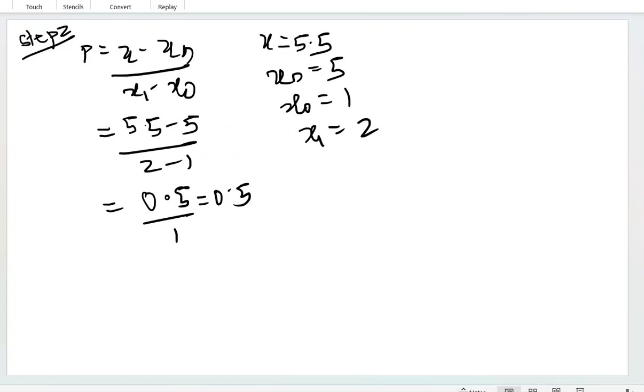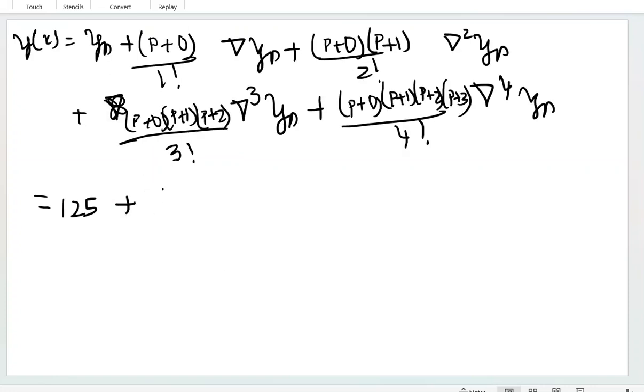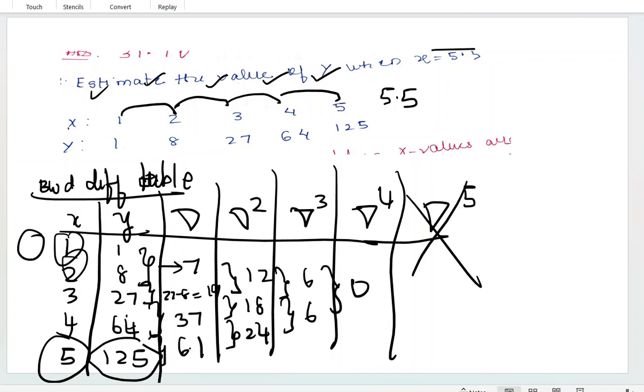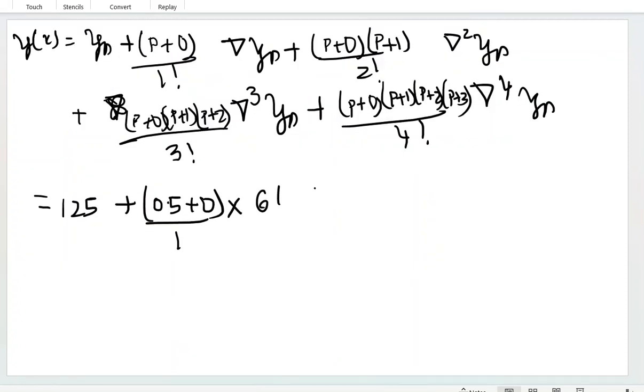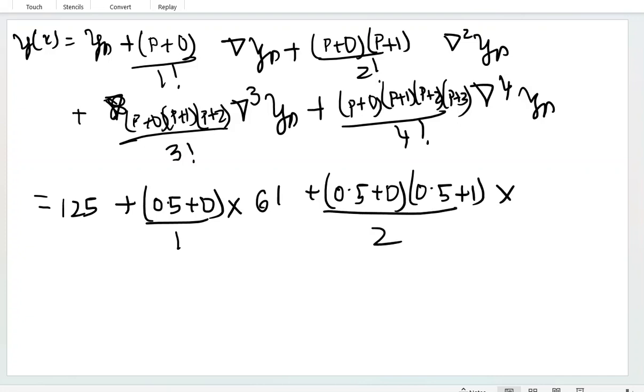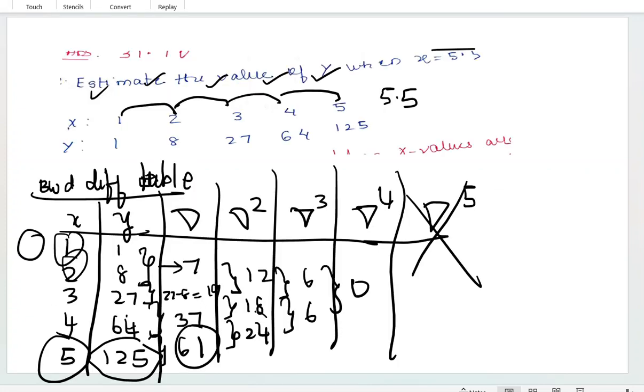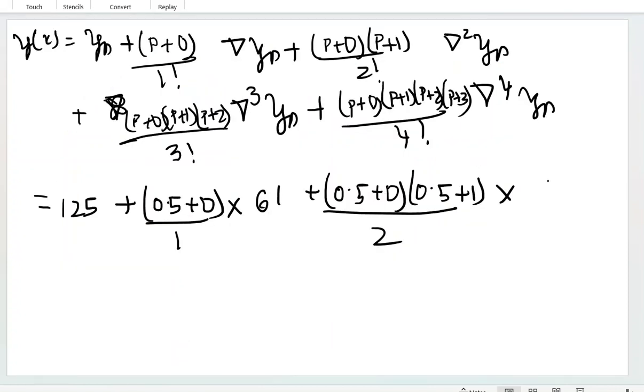P, if you observe, was found to be 0.5. So it's 0.5 plus 0, 1 factorial is 1, and del yn is the last value in the del column, which is 61. Similarly, we get 0.5 plus 0, 0.5 plus 1, 2 factorial is 2, and the last value in the del square column is 24. So in backward we always take the last value.